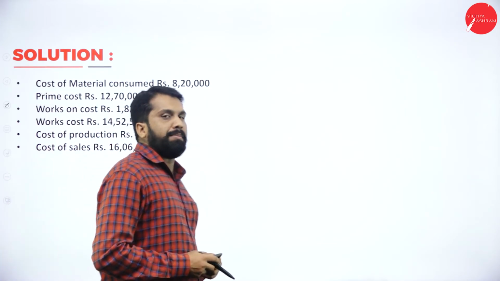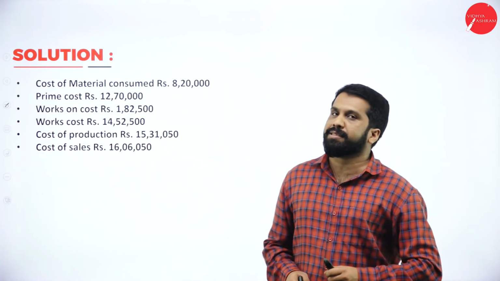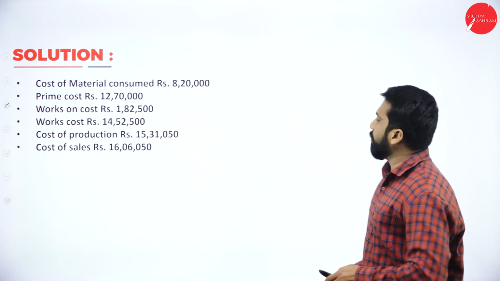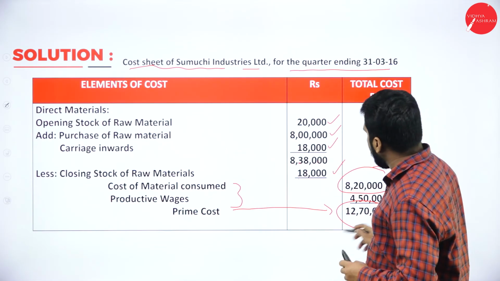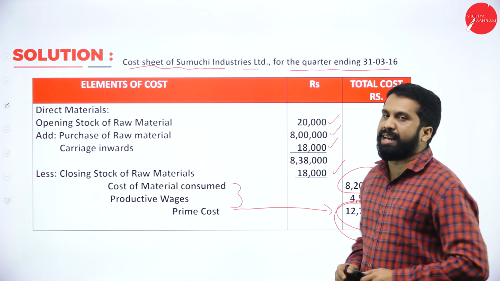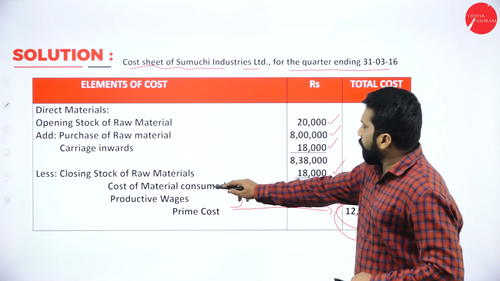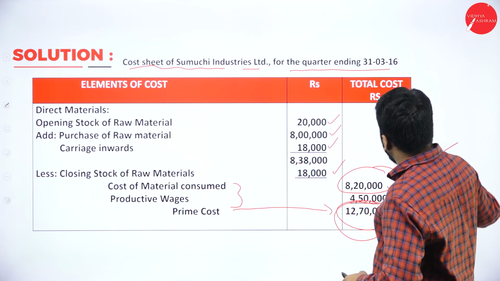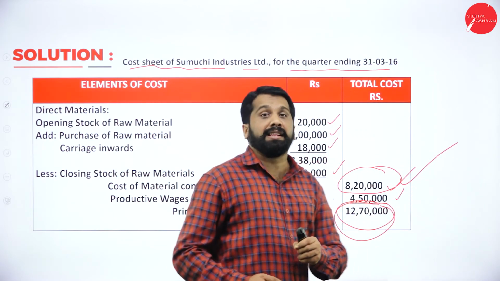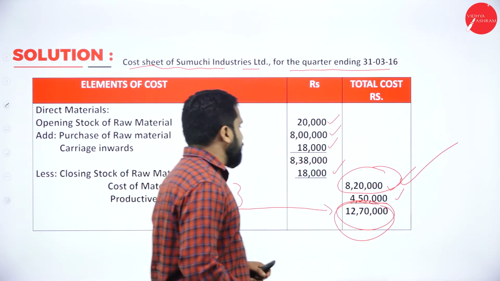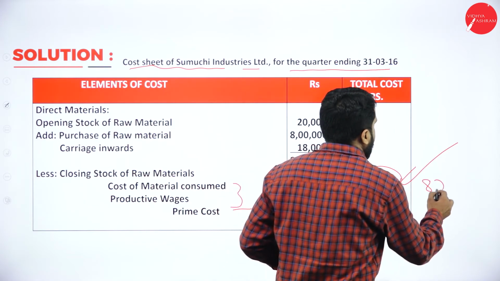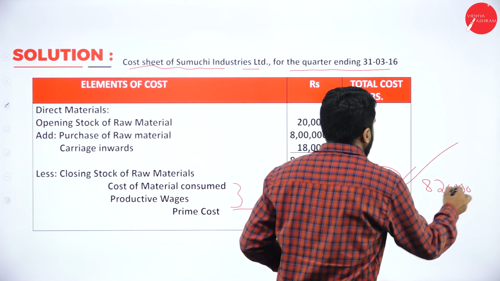And this is a summary of your problem. What do you mean by summary? I'll go back. As per this, your first step answer is how much? Before that, cost of material consumed 8,20,000. Your prime cost, let's see, 8,20,000 is your first answer.